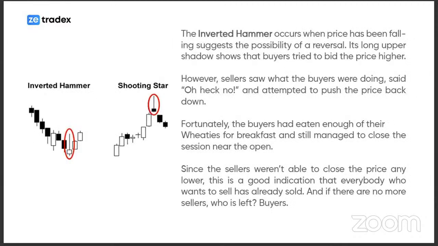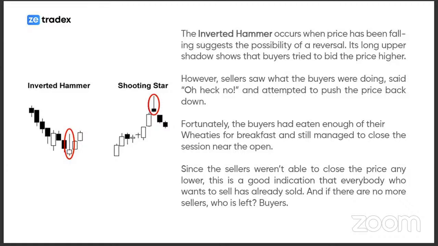Now, when you notice the inverted hammer, of course, we're talking about it first, it occurs when the price has been falling and suggests the possibility of a reversal. Its long upper shadow shows that buyers tried to bid the price a bit higher. However, sellers saw what the buyers were doing and attempted to push the price back down. But the buyers managed to close the session near the open.